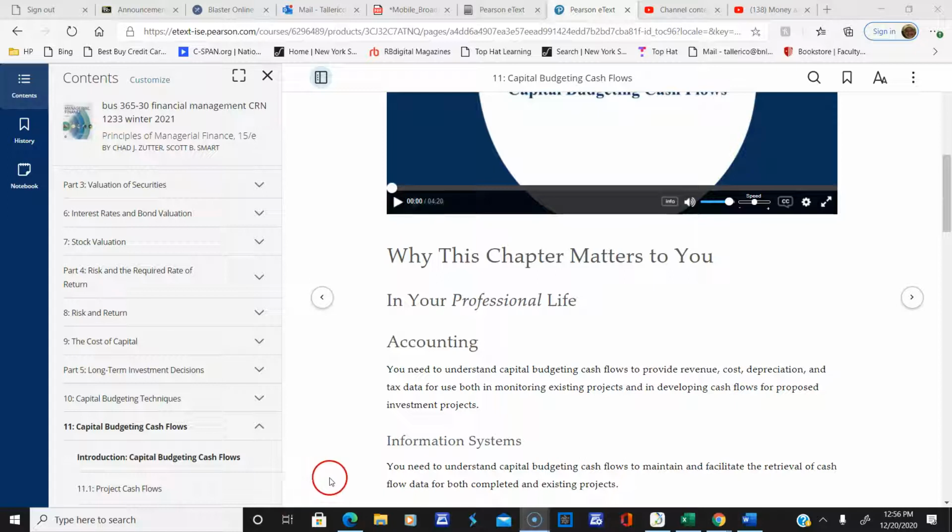It's interesting, you notice how they look at it on a personal level, and I guess the key word really here is your professional life, right? In your professional life, you need to understand capital budgeting cash flows to provide revenue, cost, depreciation, and tax data for use both in monitoring existing projects and in developing cash flows for proposed investment projects.